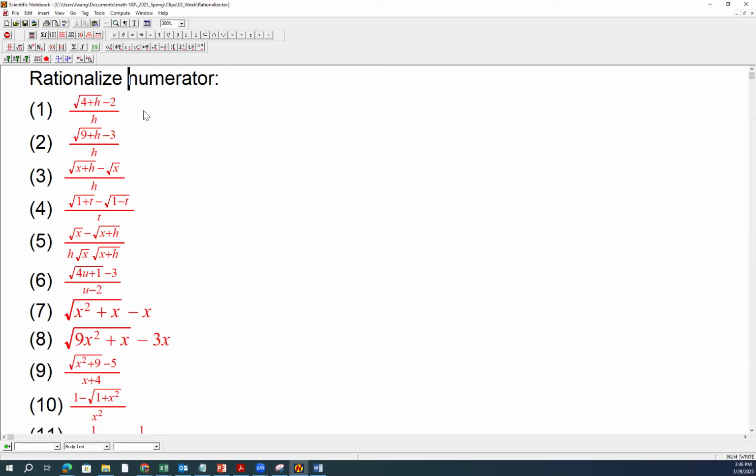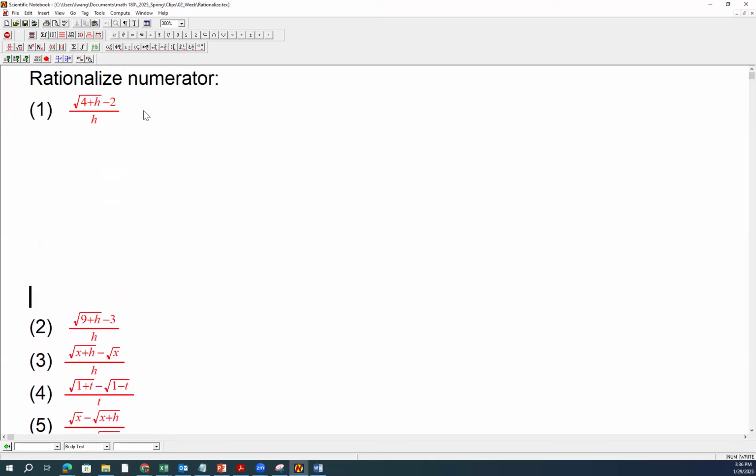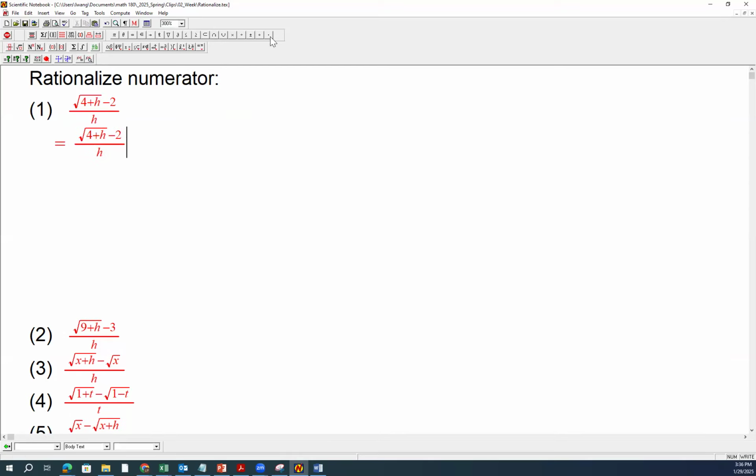The first one, we have radicals in the numerator, and we want to get rid of the radicals in the numerator. The technique we use is actually pretty straightforward. First of all, we're going to multiply by 1.